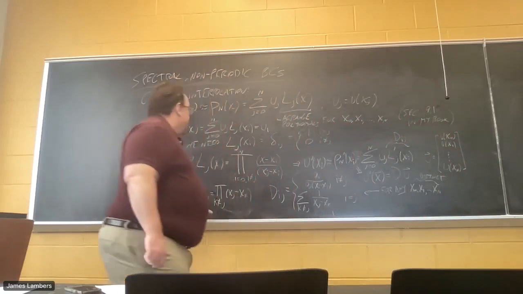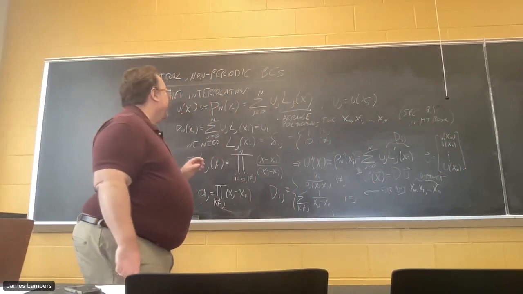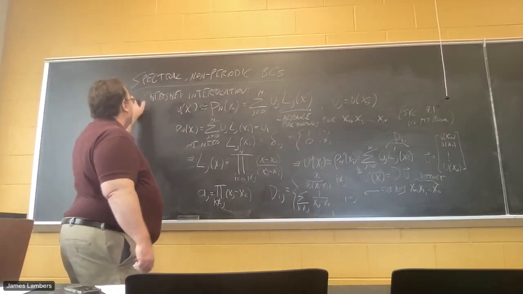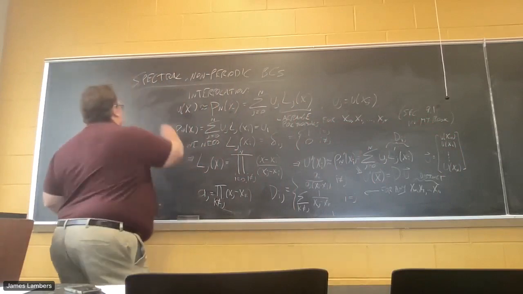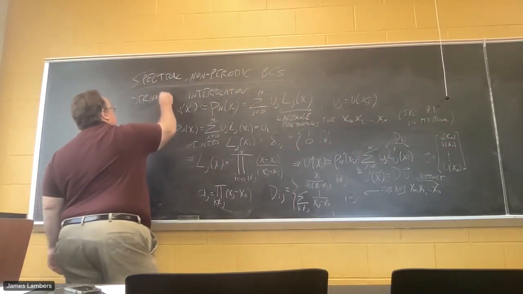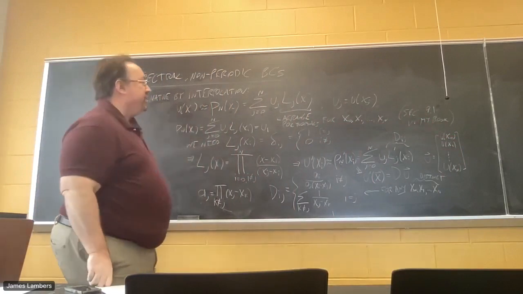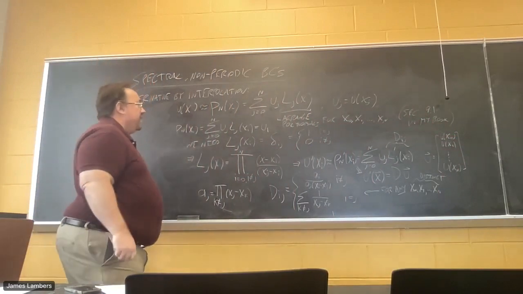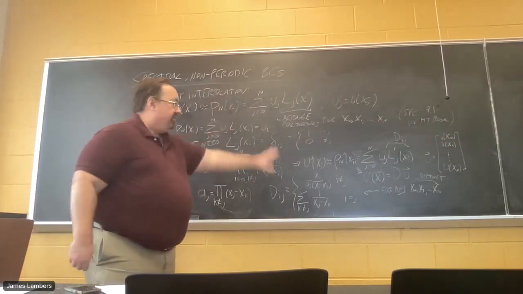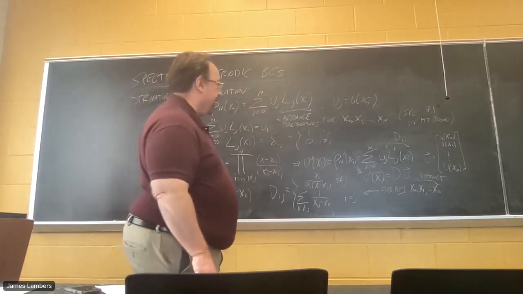So everything that I've written on this board is not specific to Chebyshev. If you're trying to approximate a derivative using polynomial interpolation for any choice of x values, this applies. There's nothing I've written here that's Chebyshev specific, but I will get to that in a moment.